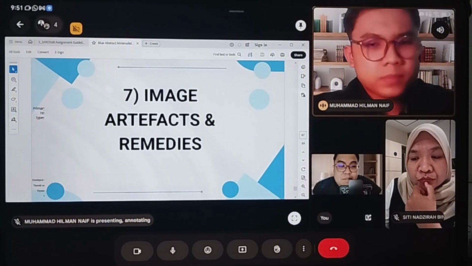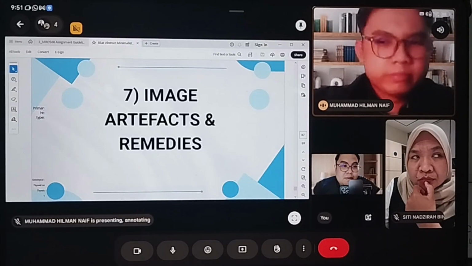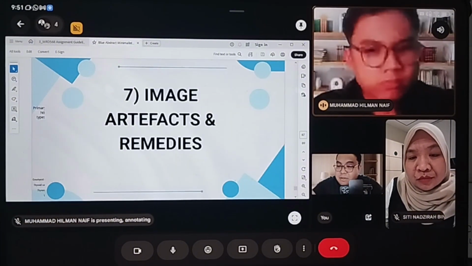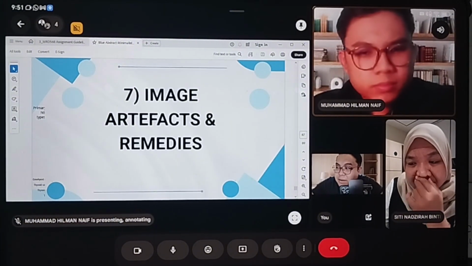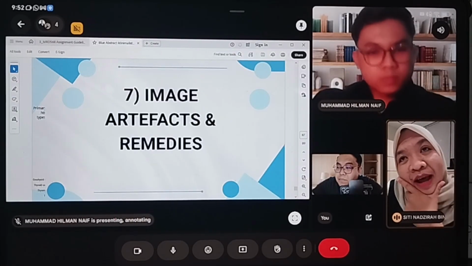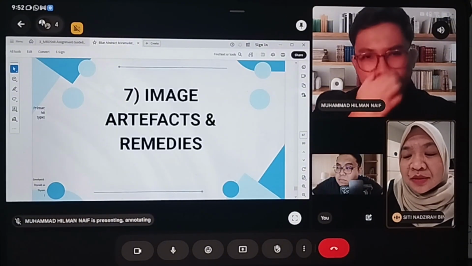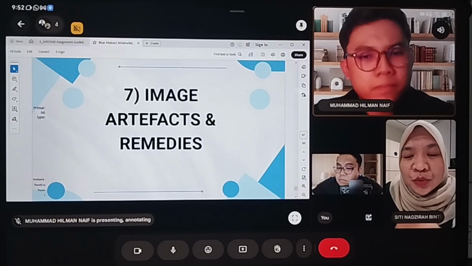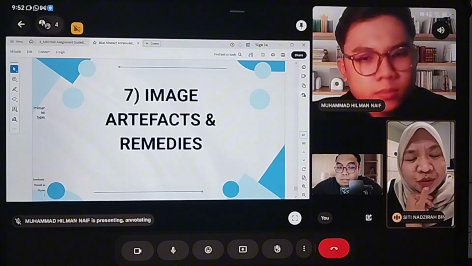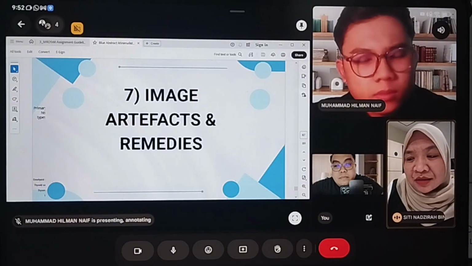Ilman, any point you want to add on? Nazira, also? In my slide, I put the patient preparation: the patient must avoid swallowing during scanning, because we want to reduce motion artifacts, right?